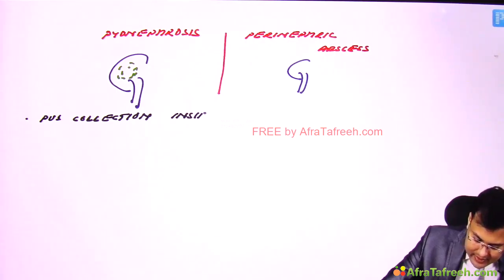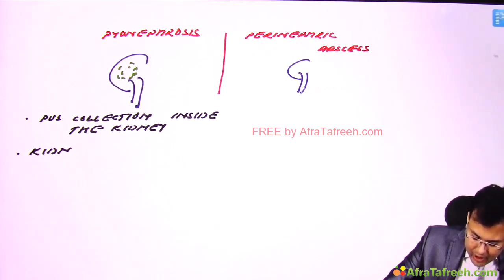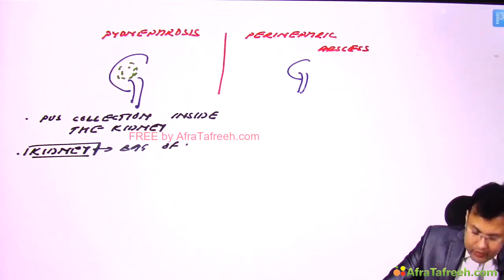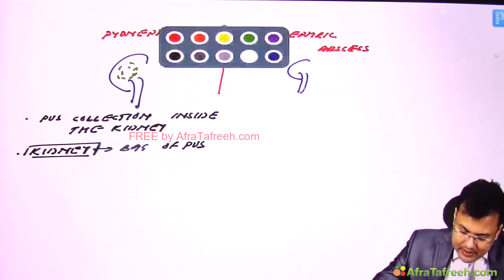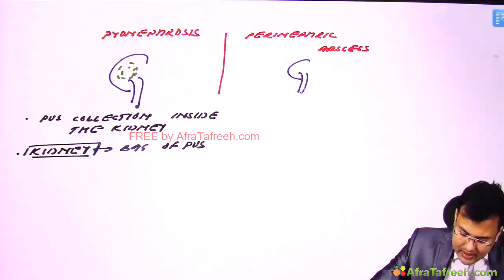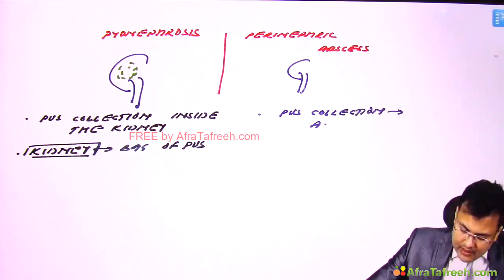Okay, so what's the problem here? Kidney is a bag of pus. So you can feel the bag when you palpate. Okay, and what about perinephric abscess? Here the pus collection is around kidney.